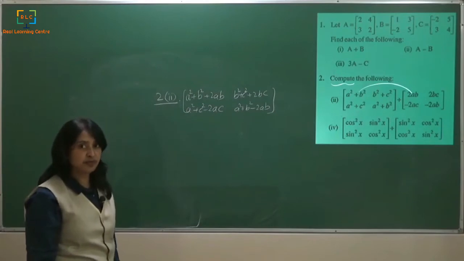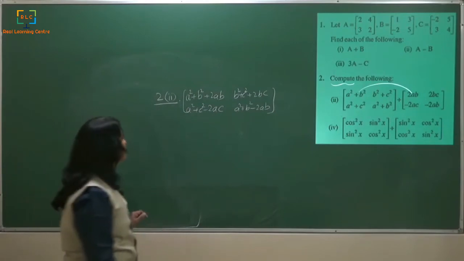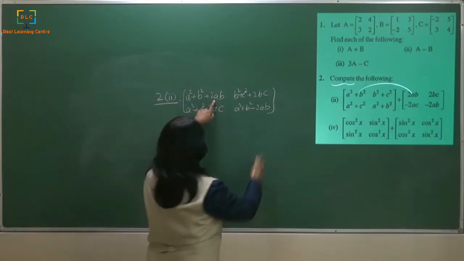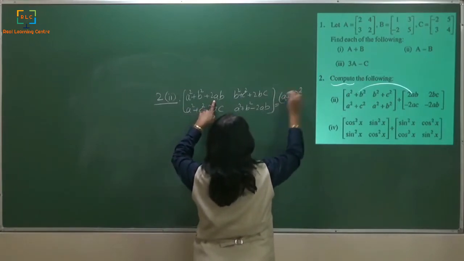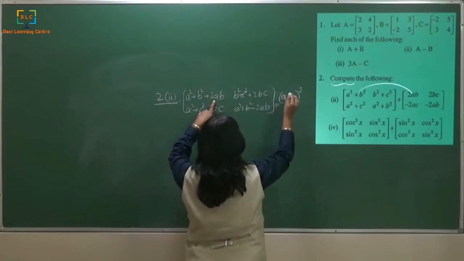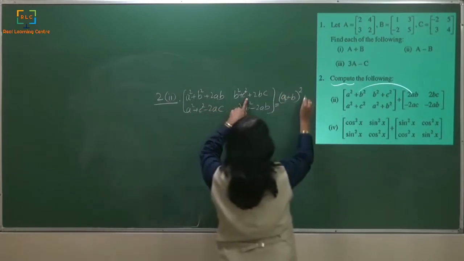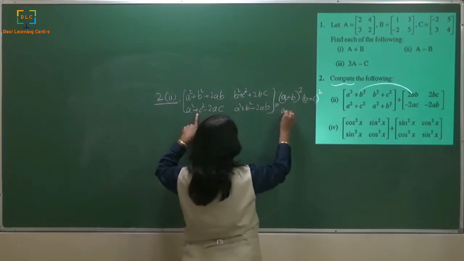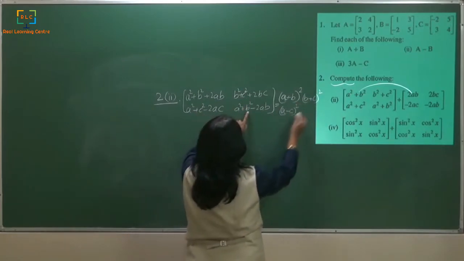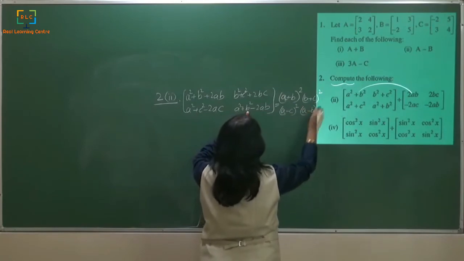They're all the algebraic (a plus b) and (a minus b) square formulae. This is a square plus b square plus 2ab, which is nothing but a plus b the whole square. This is b plus c the whole square, this is a minus c the whole square, and this is a minus b the whole square.